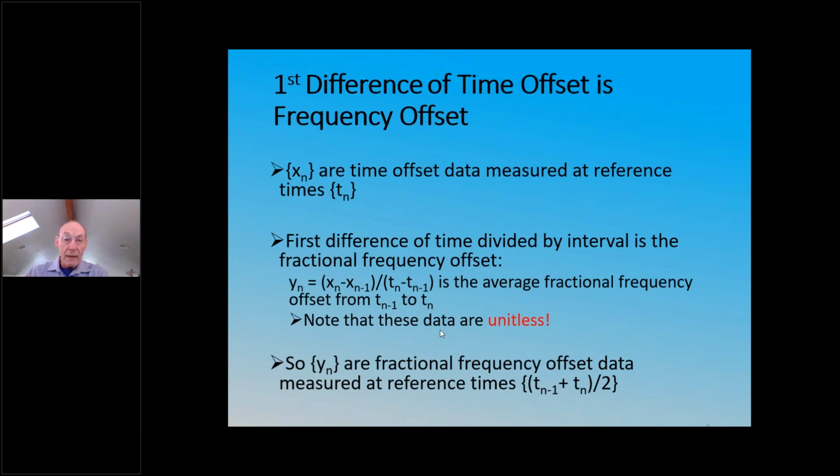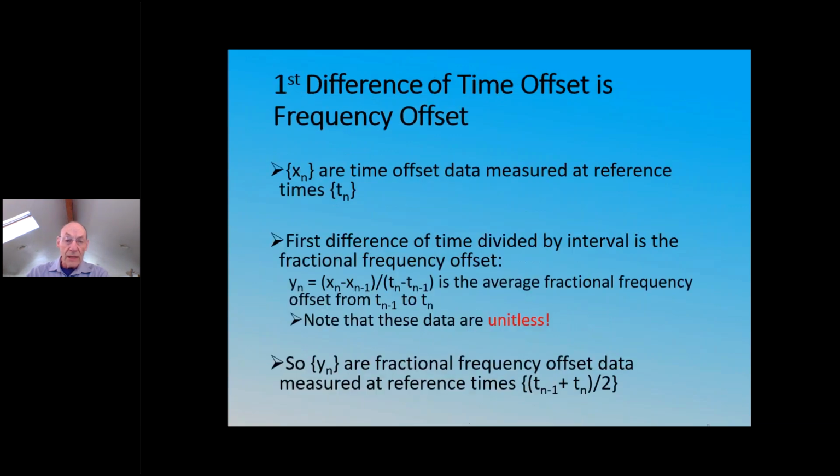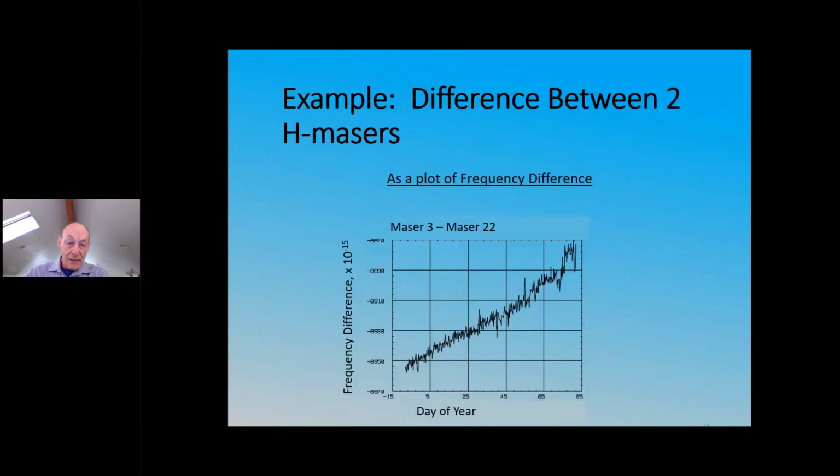So I'm going to go back one slide. If we look at exactly these same data, but we look at the first difference, the frequency of those data, it looks like this. And now you can see some actual variations on it. And you can also see the slope of the frequency.